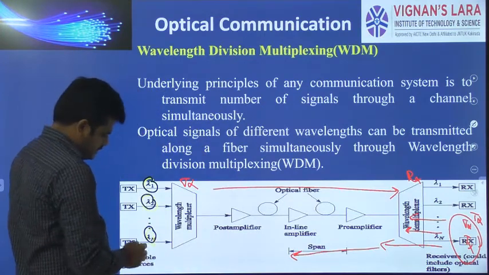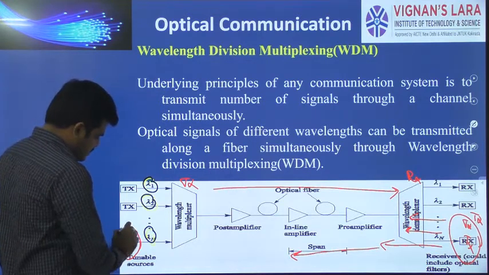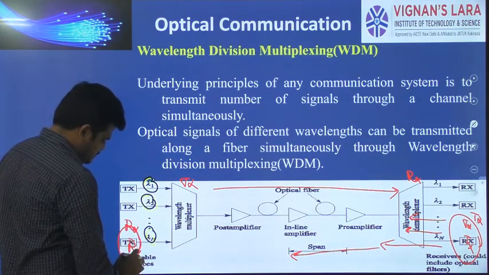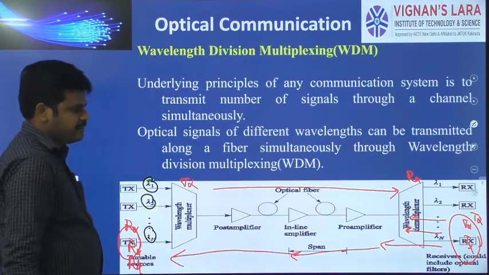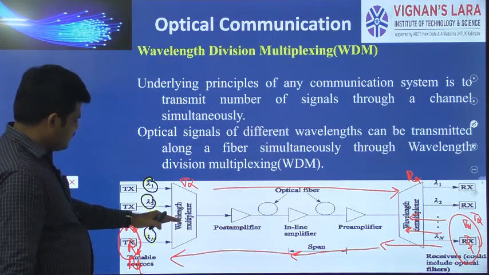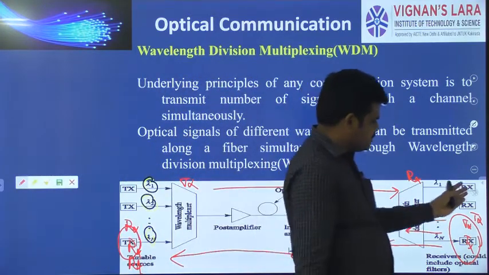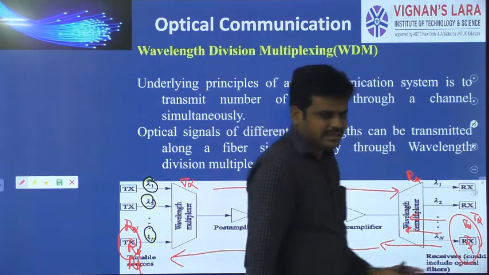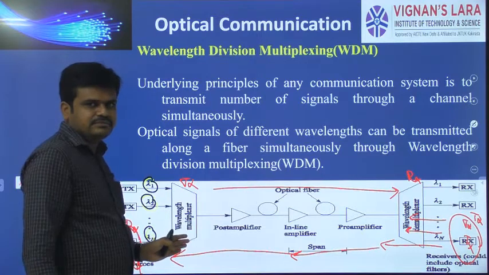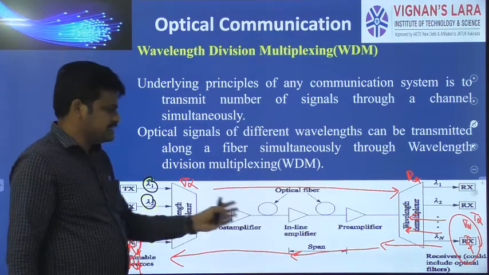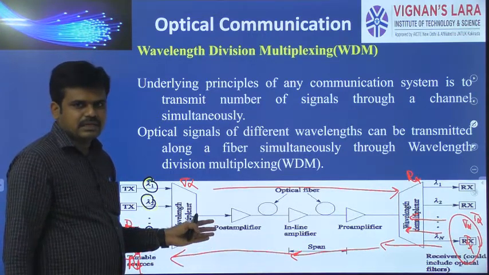At this end we replace a few transmitters by receiving units to receive the information coming from the other end. So at one end transmitting units and receiving units are there, and at the other end receiving units and transmitting units are there. That means you can transmit the data and you can receive the data. Are you able to understand? This is bidirectional wavelength division multiplexing.